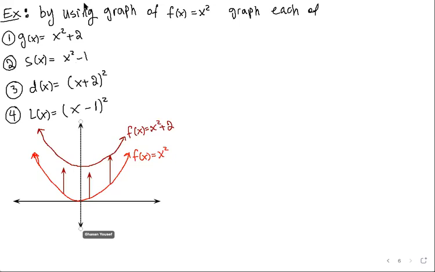Any question for the first one? It's clear? So the graph of f of x equal x squared is this one, and the graph of the second one, x squared plus 2, is the original shifted 2 units up.